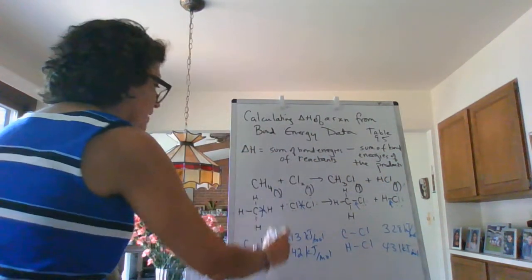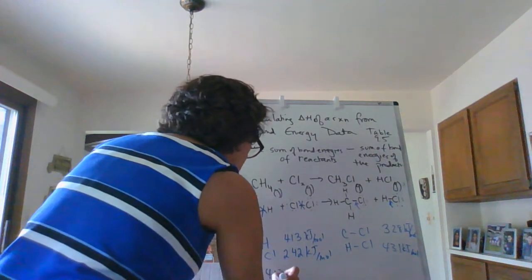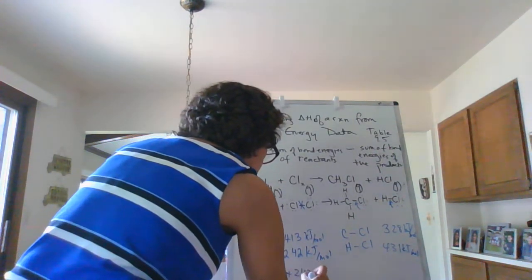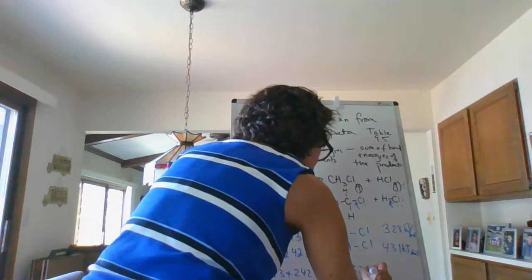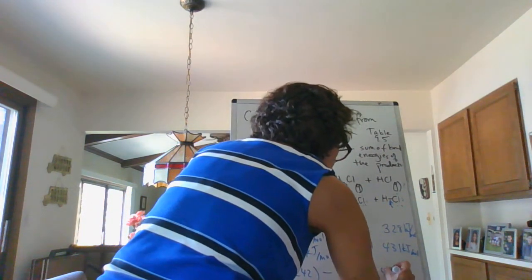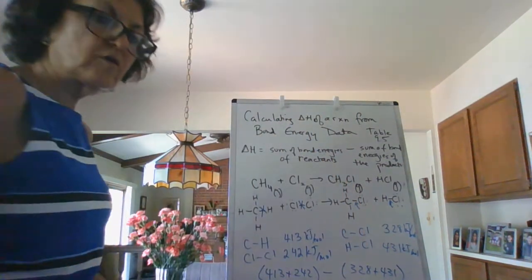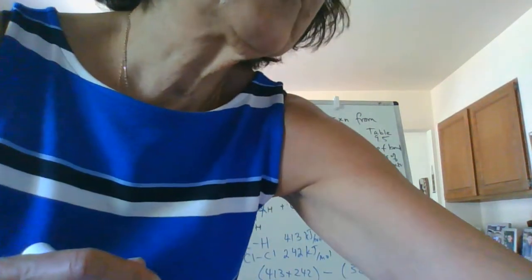So how do we do this? We add these two guys, 413 plus 242, minus 328 plus 431. Okay, so get your calculator, plug everything in.